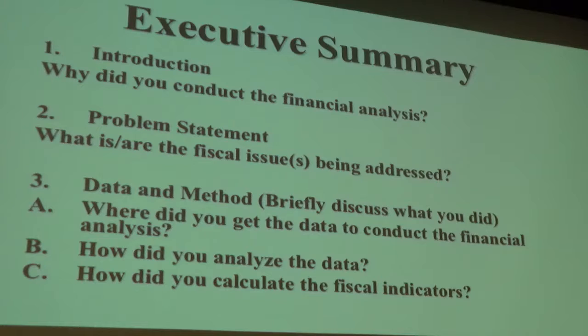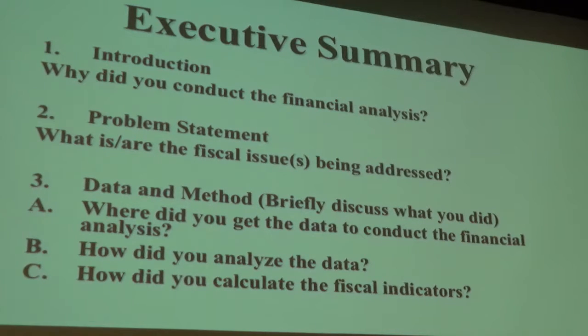The third component of the executive summary is the data and method. So you briefly discuss what you did. Where did you collect the data? There are only 2 sources: the Form 990 or the audited financial reports, or a combination of the 2. How did you analyze the data?